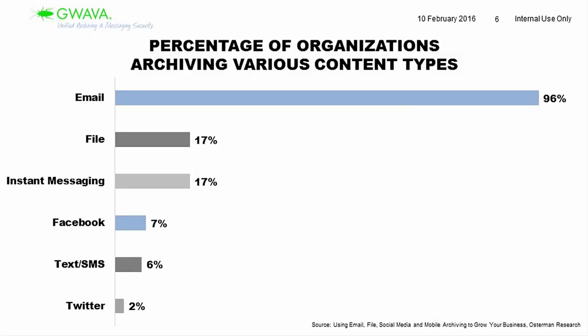But the idea is that with a good archiving solution, you can go out and pull in all the corporate social media account data and have that in an archive that you can go back and see what has happened historically and be able to, if you have the right tool, monitor what is being said on your corporate social media accounts and be able to have oversight on that.